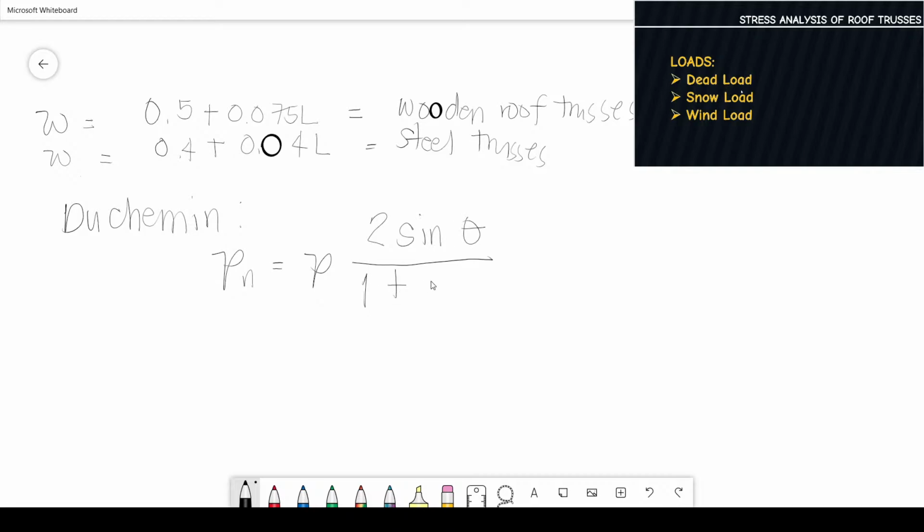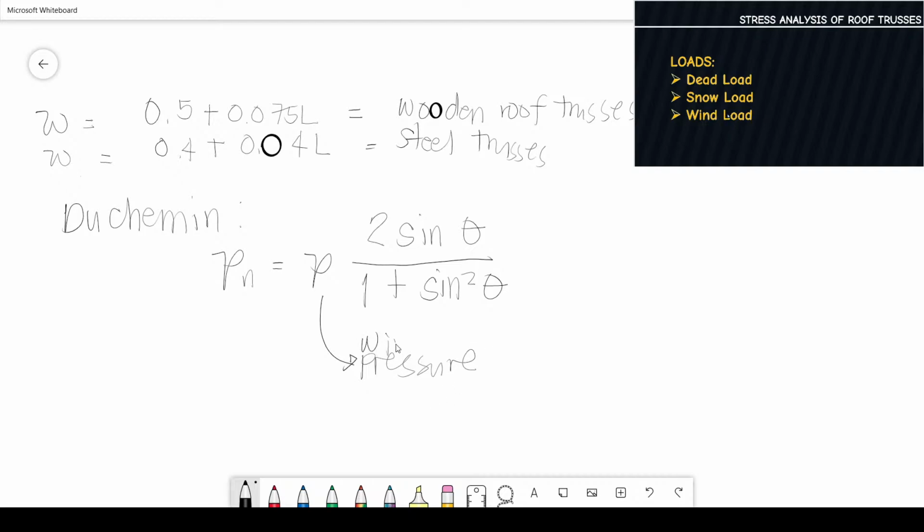One plus sine squared theta. Where Pn is the wind pressure normal to an inclined roof surface. So, P normal or pressure normal, wind pressure normal, and your P is actually pressure. Your P is the wind pressure in pounds per square foot of vertical surface.